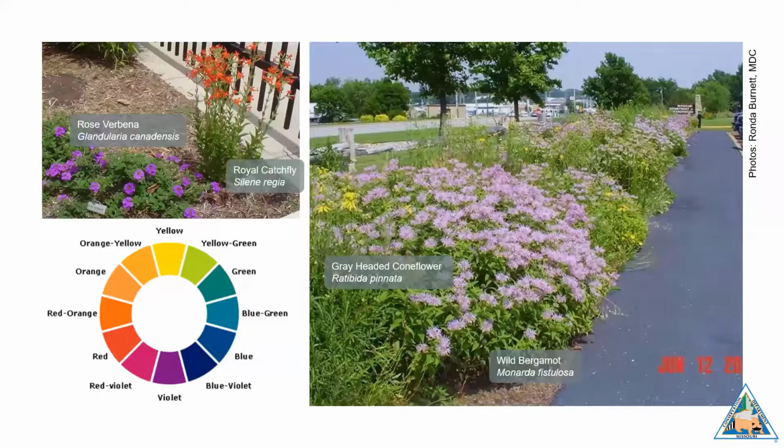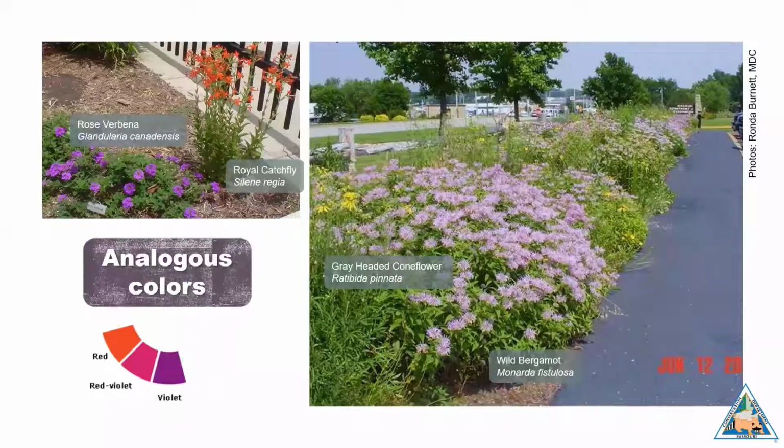Okay, back to color. I'm not going to get too deep into color theory, but I did want to point out 2 strategies that you can work with color that are very visually pleasing. So we have the color wheel here, but if you consider colors that are adjacent to each other on the color wheel, those are known as analogous colors.